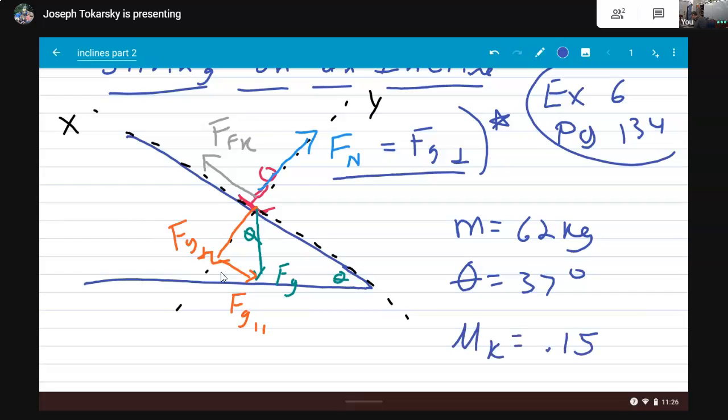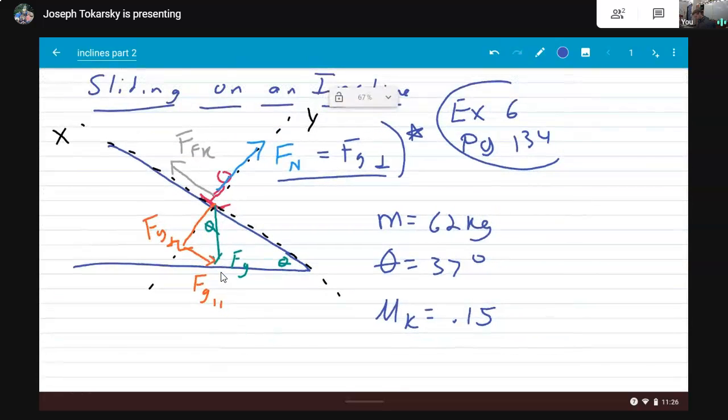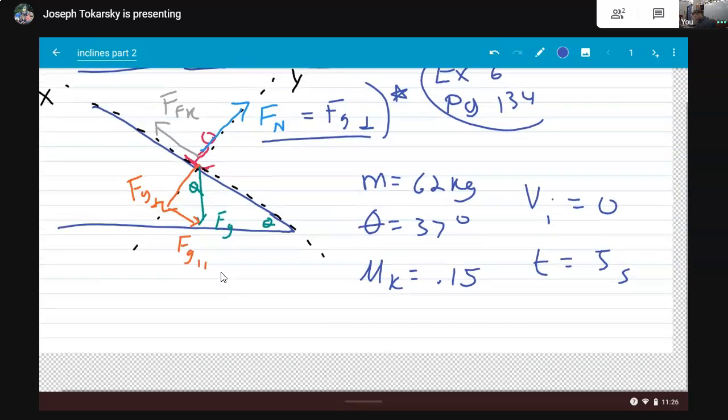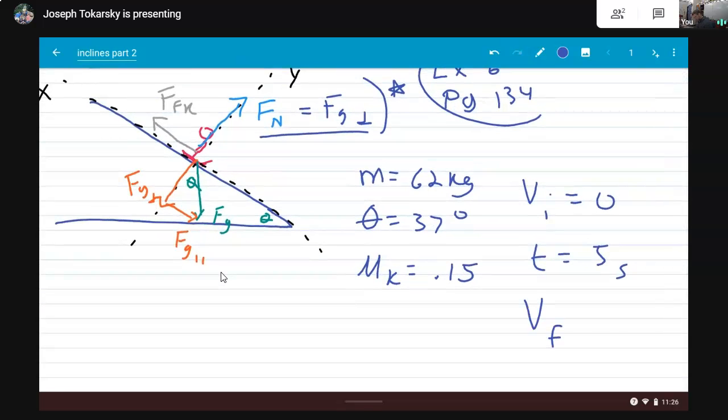Remember, no unit on that. How fast is the skier going 5 seconds after starting from rest? So if we started from rest, we have Vi equals 0. The time we're going for is 5 seconds. How fast after all that? That's Vf we want to find after 5 seconds.